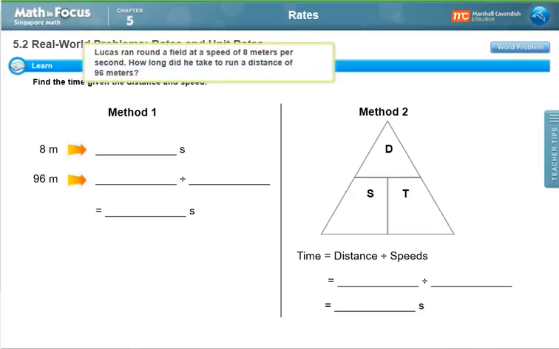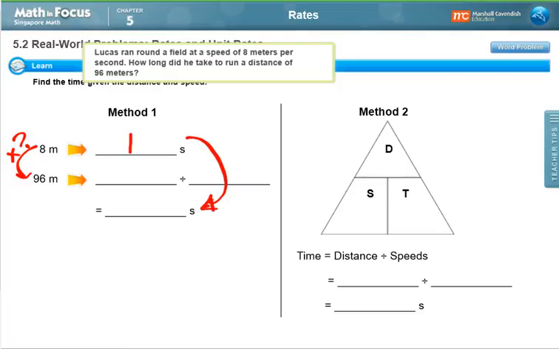Here we have Lucas running around the field at a speed of 8 meters per second. How long does it take to run a distance of 96 meters? Well, it's 8 meters in 1 second, and 96 meters in how long? What we're looking for is 8 times what gets me 96, and then we can do the same thing for the equivalent ratio over here.